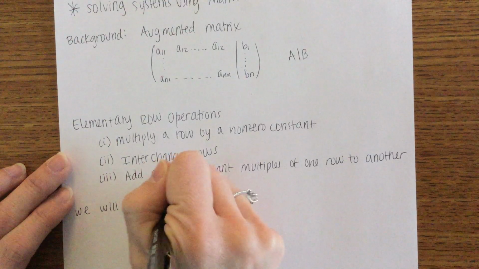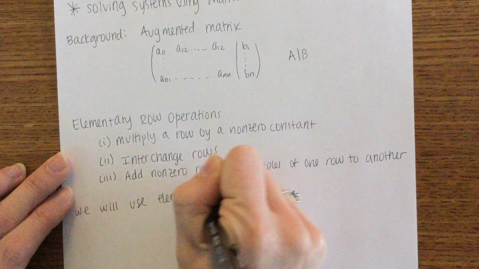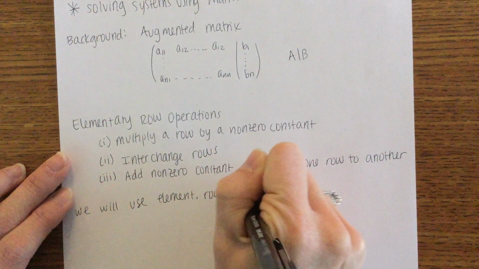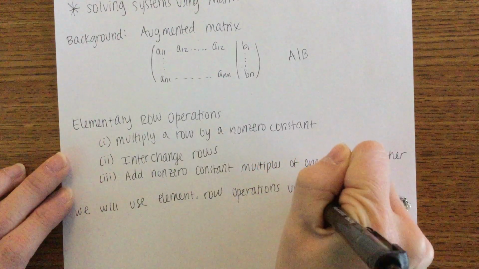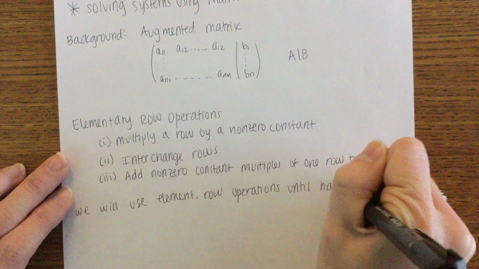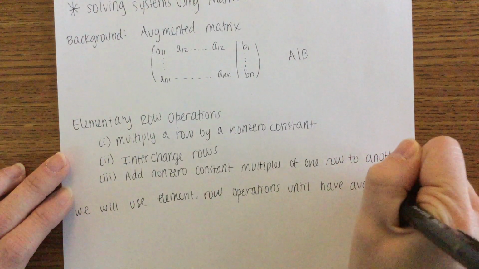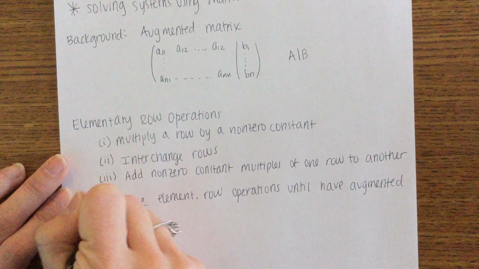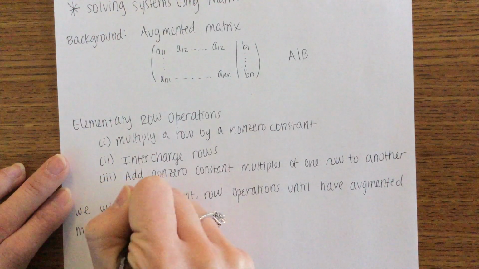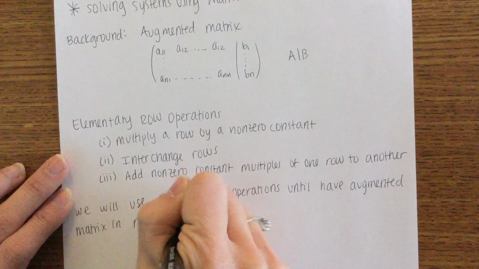We are going to use elementary row operations until we have an augmented matrix in row echelon form.